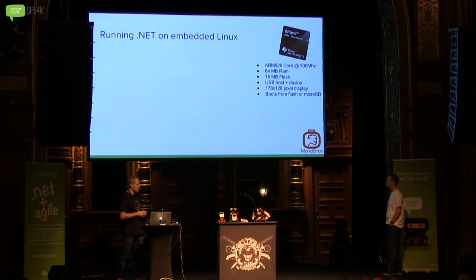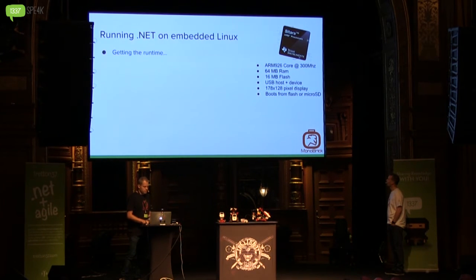And most important, it can either boot from the internal flash, where we have the standard firmware from Lego, or you can put in an SD card, and then it will just boot from there. So it's very easy to make a custom firmware. You don't need to modify the brick or anything. You can just take your custom firmware, put it on an SD card, and boot it up. And as Anders told, everything from Lego is open source, so you can just download the Linux kernel and everything.